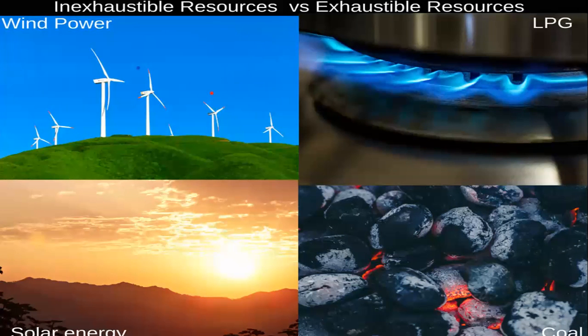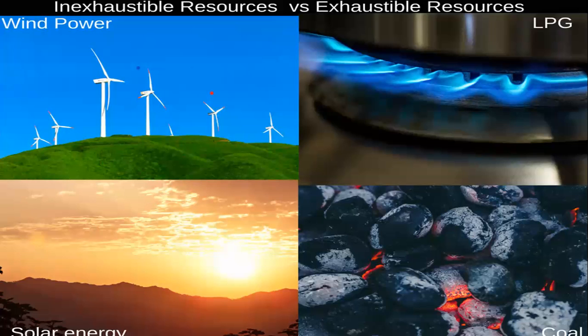Suppose you are getting solar energy from the solar panels, so next day you will get the solar energy again. So this type of energy or resource is called renewable, or inexhaustible resources.